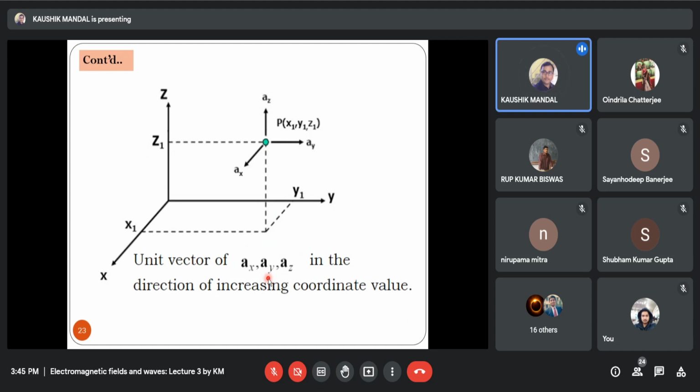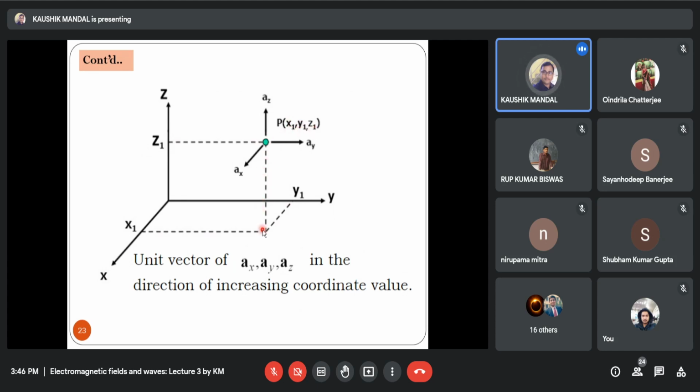Now we have to consider the unit vector at this particular point. In the Cartesian coordinate system, it is very easy to realize the unit vector at a particular point, because these three axes are mutually orthogonal to each other. So you can easily find the corresponding unit vector. Suppose this is the sample point P with coordinates x1, y1, z1.